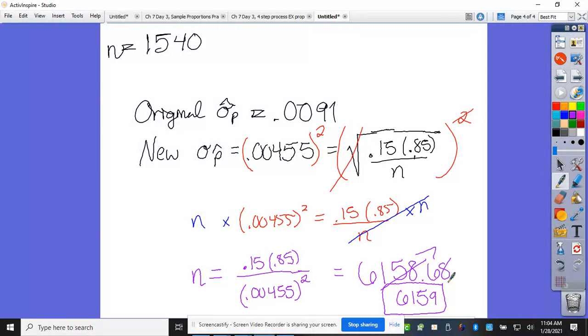Now, this process that we just did is correct and it works. And there are years where that's the only thing I've taught. But let's think through this. This was our original N. This is our new N. How else can I get from there to there a little bit easier? And it might not be exact.